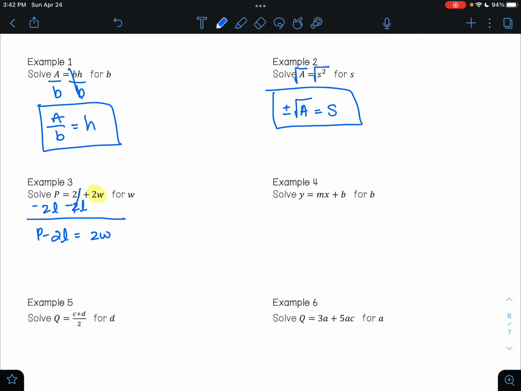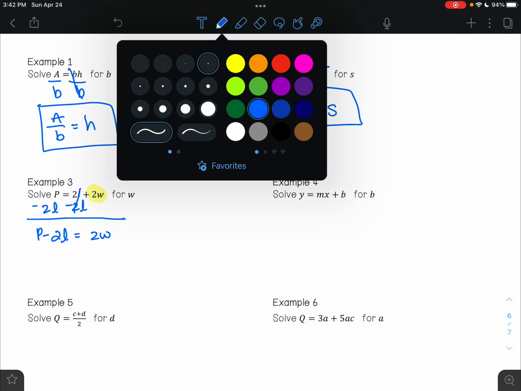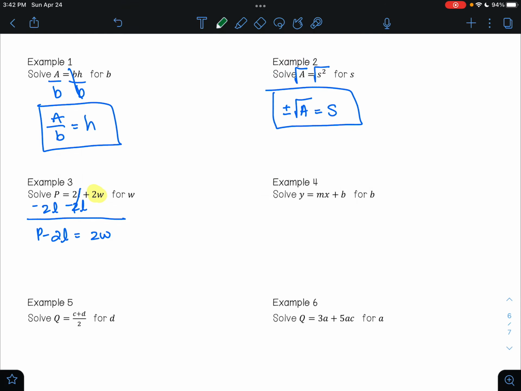So I have P minus 2L is equal to 2W. Now I want to get W alone. To undo multiplication, I'm going to do division. And so I'll have P minus 2L divided by 2 is equal to W. W is by itself, so we have solved this problem.